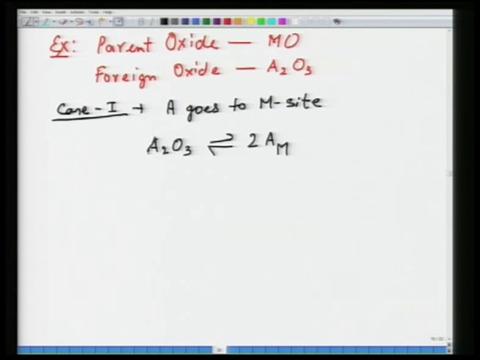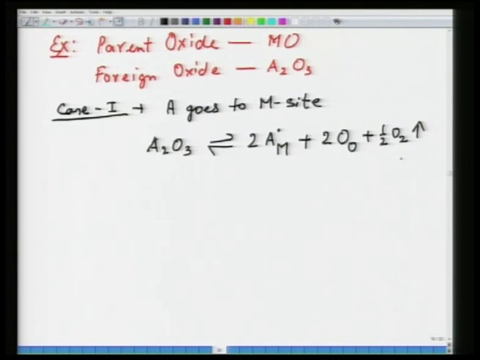What it means is that the valence of A is +3, the valence of M is +2. As a result, the A which is going to the M site is going to have an extra +1 charge, which is denoted by a dot. So, 2 A_M dot, plus, since 2 A's are going to 2 M sites, to maintain the site and mass balance, 2 of the 3 oxygens here go to the oxygen site. Which means they maintain the site balance of MO, which is the parent lattice. The extra oxygen goes out as half O2. So, the extra oxygen does not stay inside.